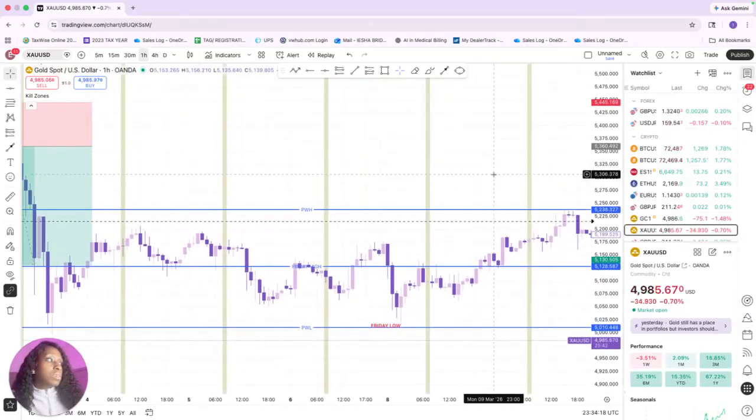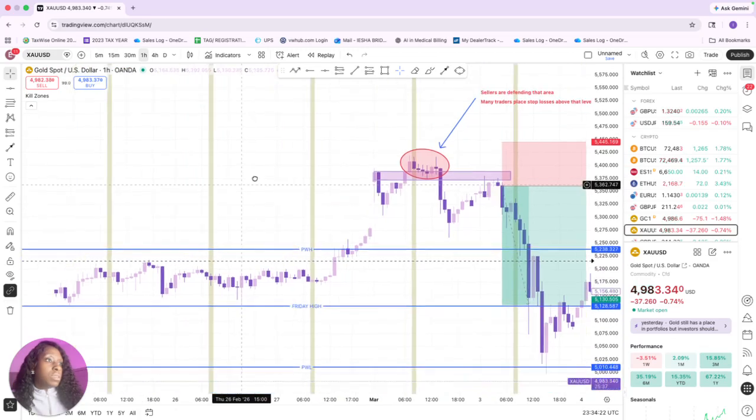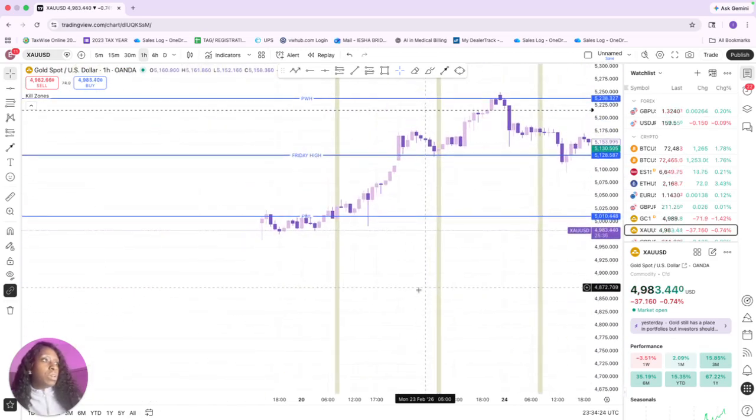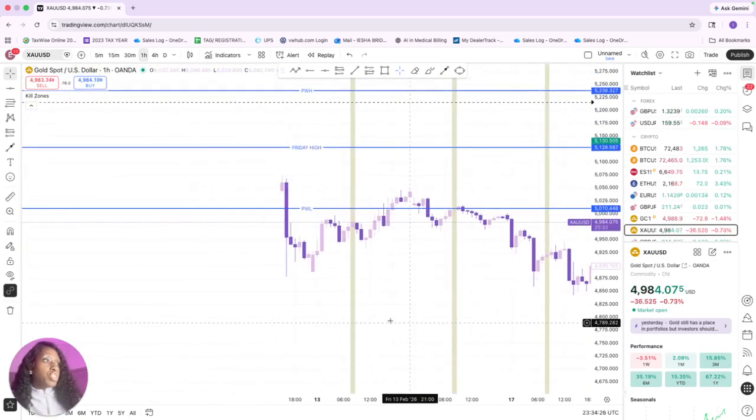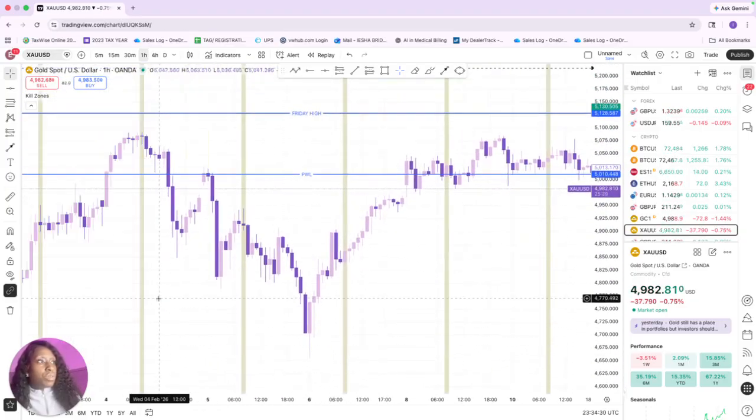So let's see if I can find another area that would have been a great trade. Where is the liquidity?